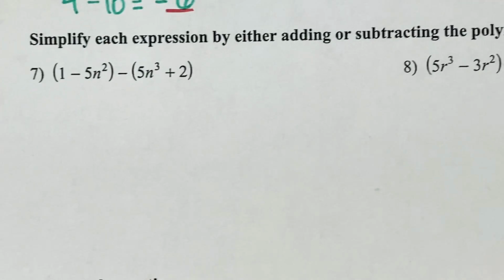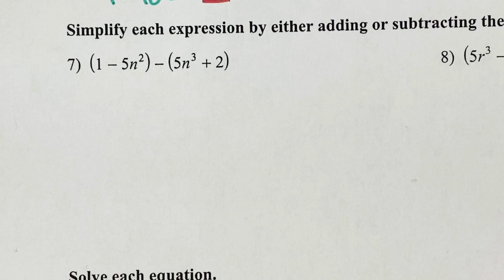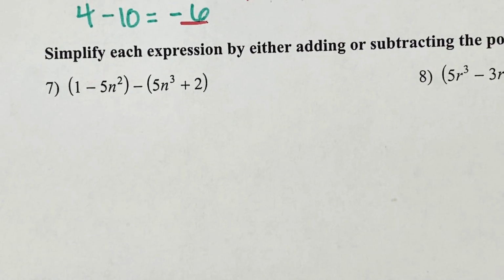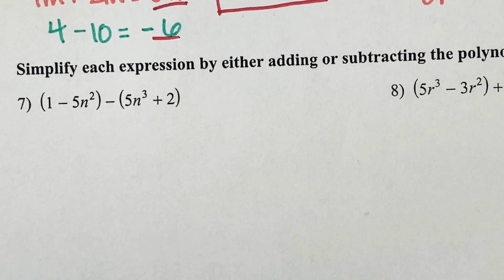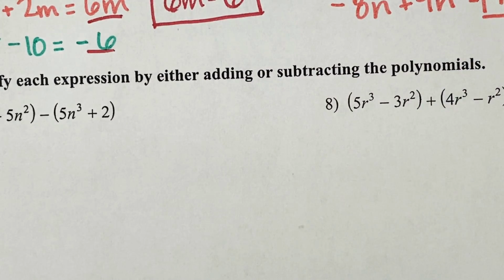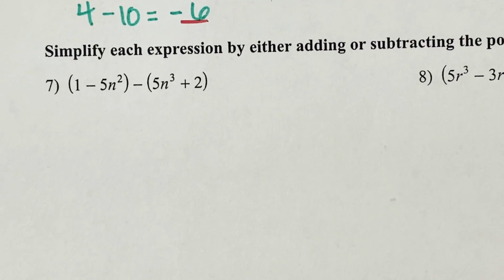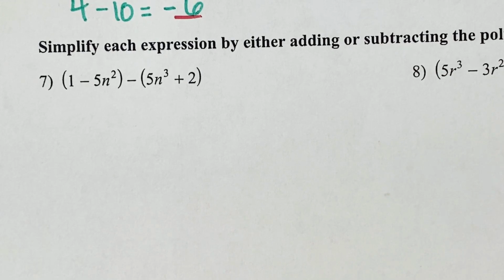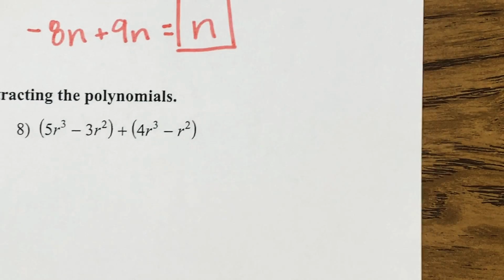Okay, let's look at number 7. It's asking us to simplify each expression by either adding or subtracting the polynomials. Okay, so we talked about when there's an addition sign. In fact, let's write this note on the side of our paper.